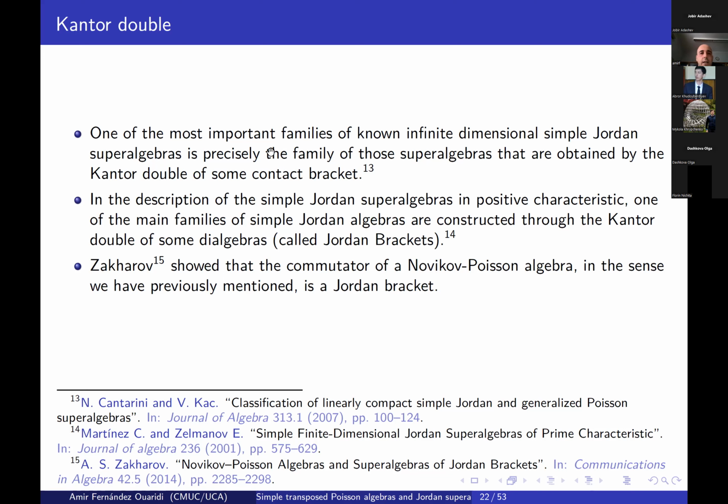And in the particular context that we are talking about, Sakharov showed that if we take the commutator of a Novikov-Poisson algebra, which we know is a transposed Poisson algebra, then it is a Jordan bracket. A Jordan bracket is an algebra which, when we apply the Kantor double, gives a Jordan superalgebra.